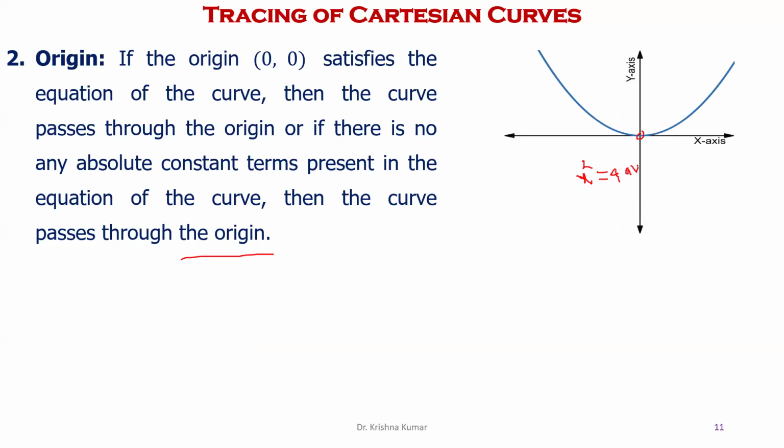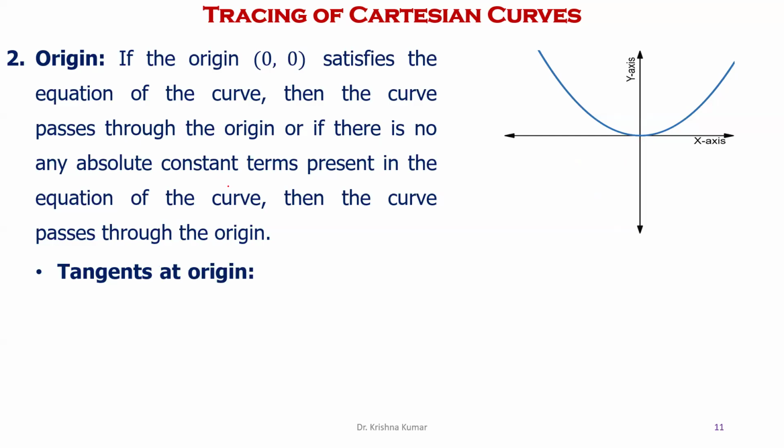There is no absolute constant here. x square is a variable term, and 4a into y is again a variable term. Absolute constant means only the term which is a constant. So if the constant term is absent in the given curve, the curve passes through the origin.